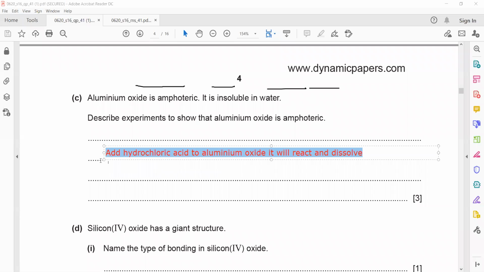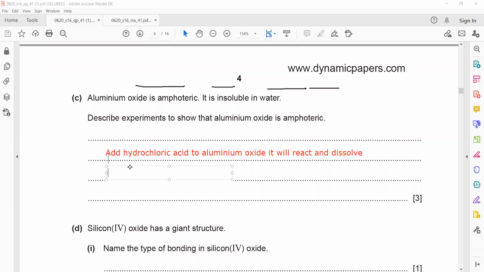Then the second thing, add sodium hydroxide, the alkali, to aluminum oxide. It will react and dissolve.